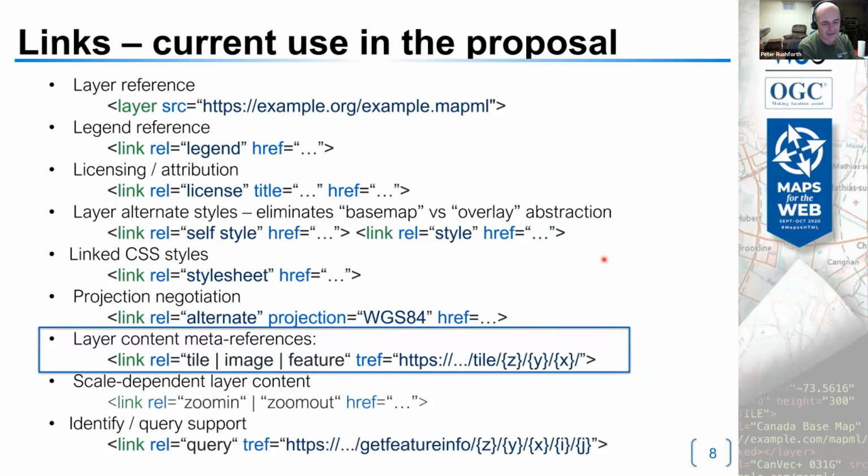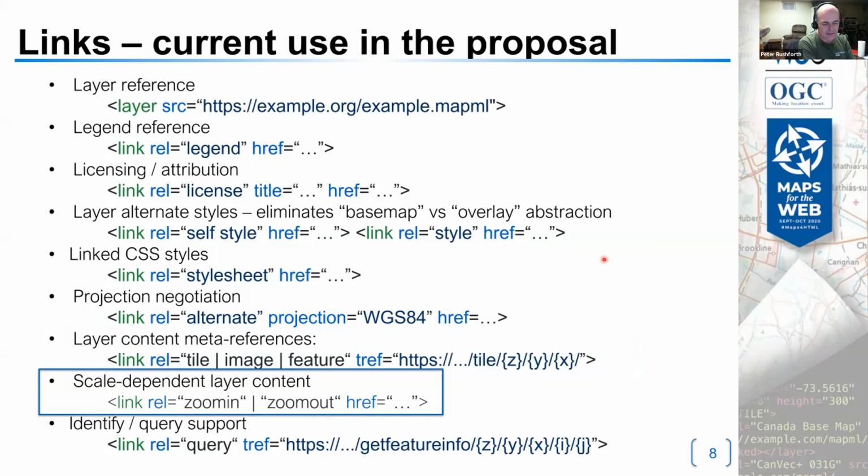So consolidate the tile and extent or some other tile and map link relation and distinguish between images and features by media type.